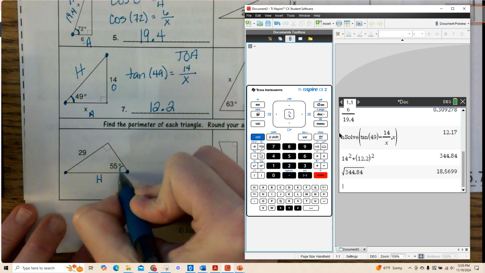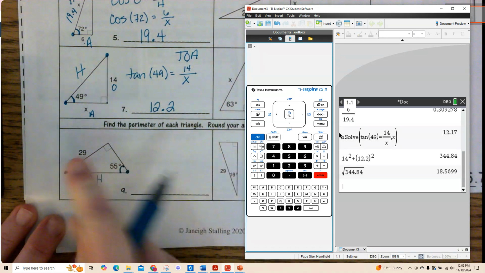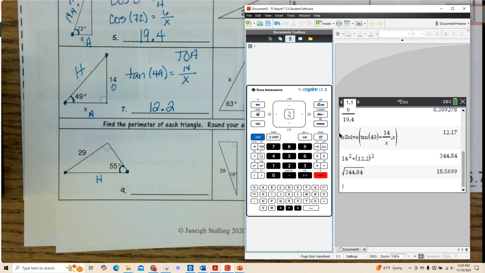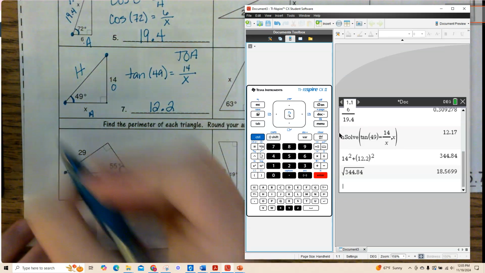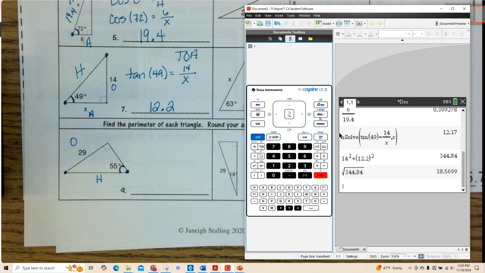And then this is the angle they give me right here. So is 29 an opposite or an adjacent? Opposite. I've got two options here. I can use the trig ratios to find the other two sides. I can use the trig ratios to find one side and then use Pythagorean, and then I can add them all up. Whatever works best for you.